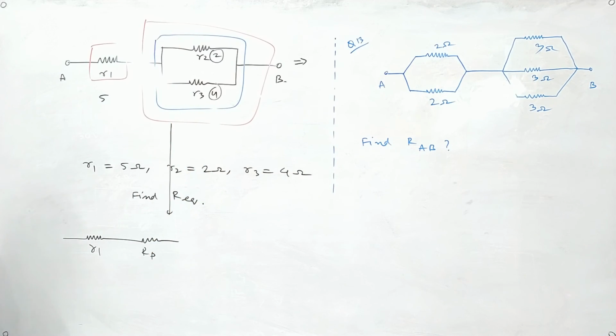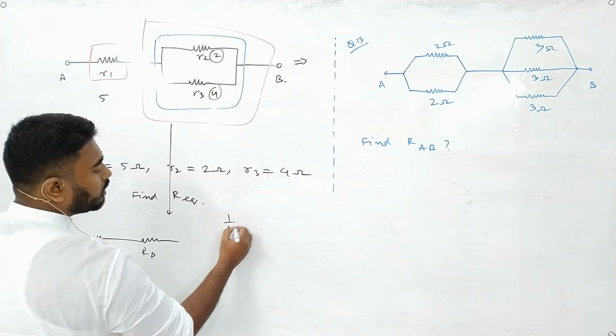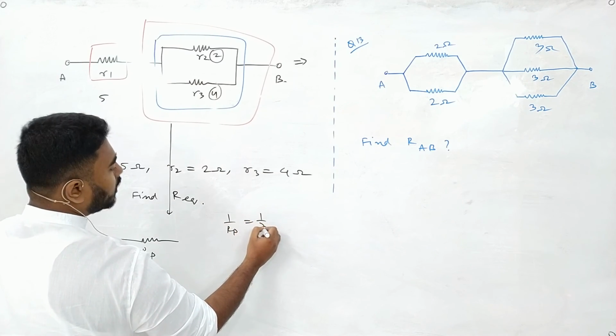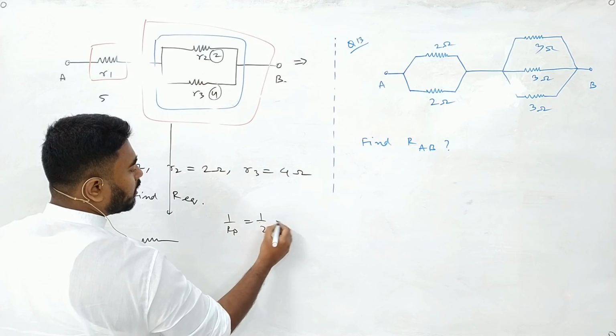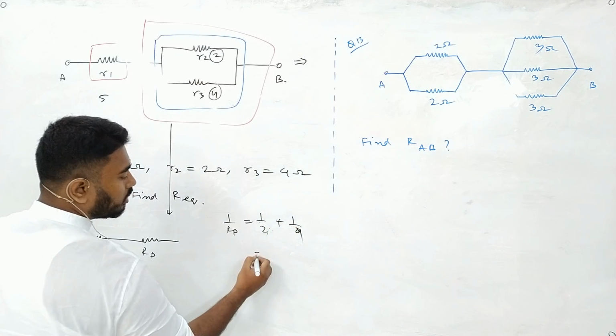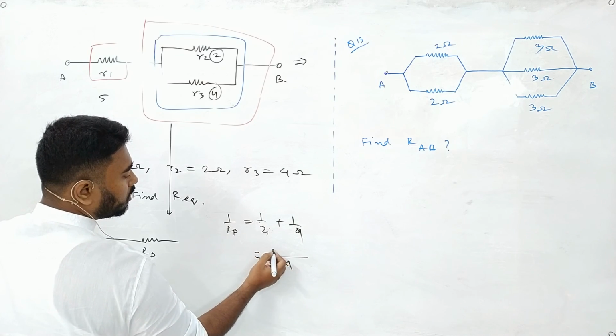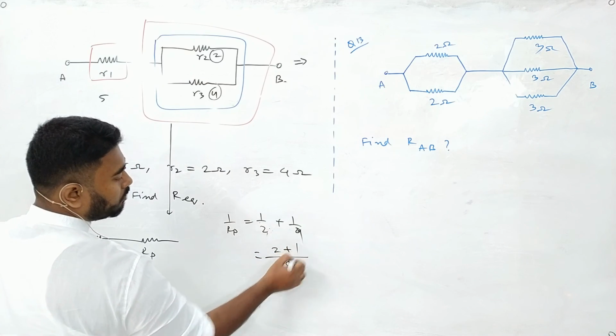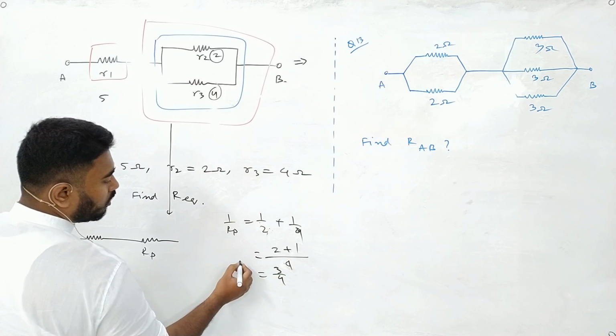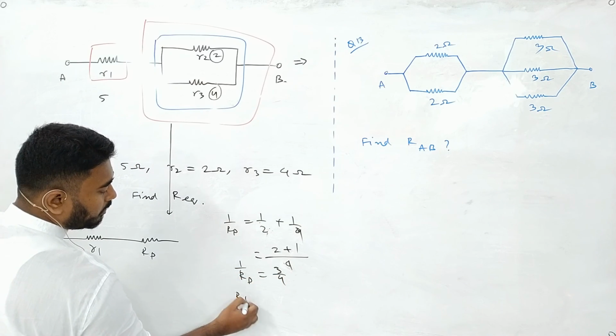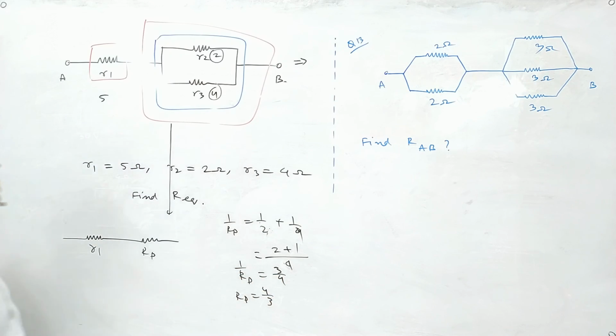R2 and R3 in parallel. So 1 by R parallel will be 1 by R2, that is 2, plus 1 by R3, that is 4, right? So that will be 8, that will be 4, this will be 2, this will be 1, so that will be 3 by 4, will be 1 by R parallel, or R parallel will be 4 by 3, right?